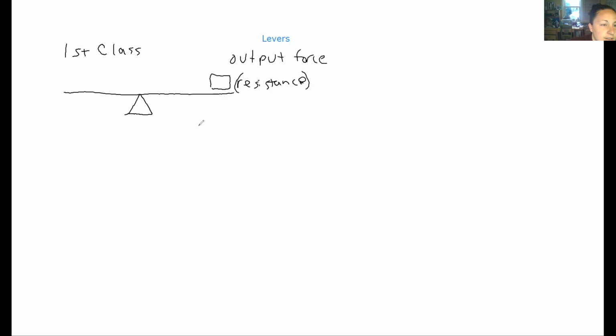And the other side of your lever where you are putting the effort down is your input force or your effort. Okay. And then in the middle, you have your pivot or your fulcrum.